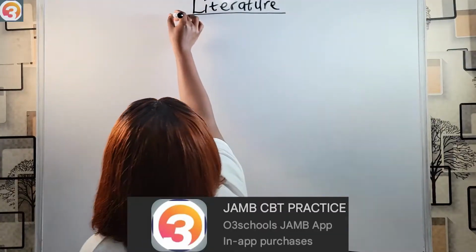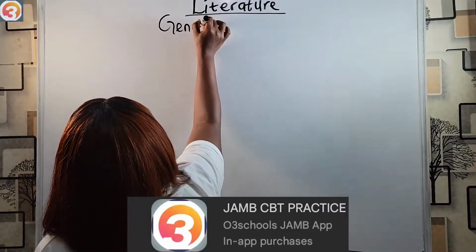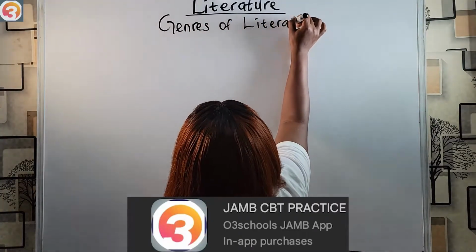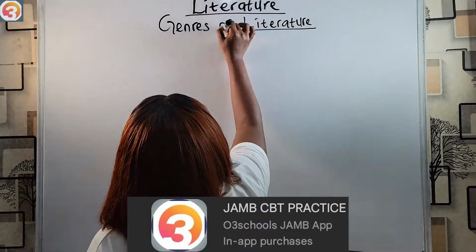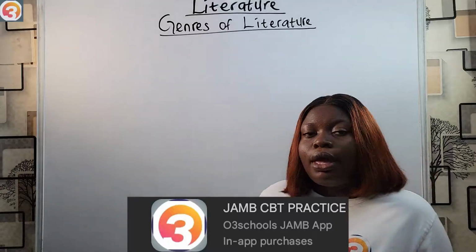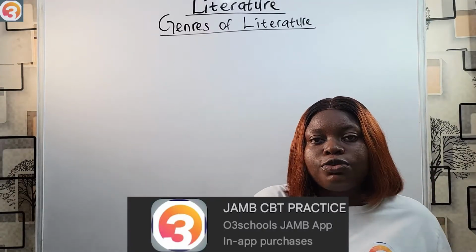And our topic for today is genres of literature. This is the second part of this topic, and in the first part, we mentioned the three major genres of literature.